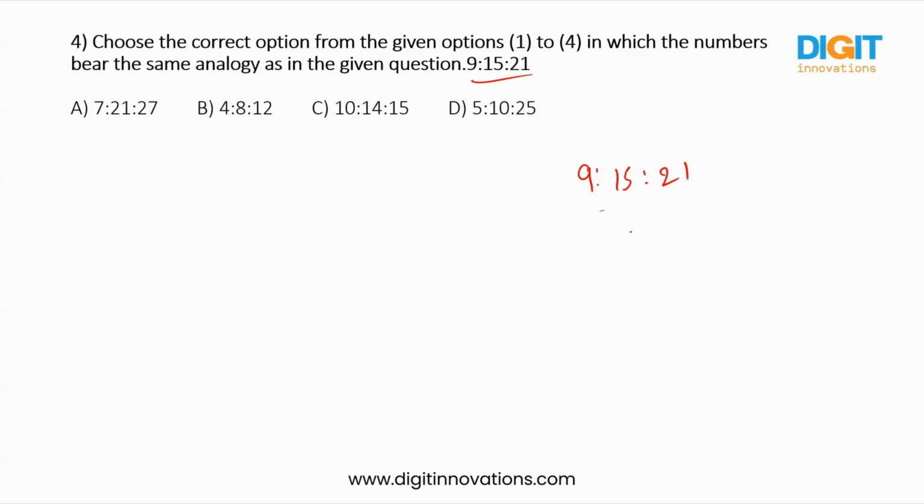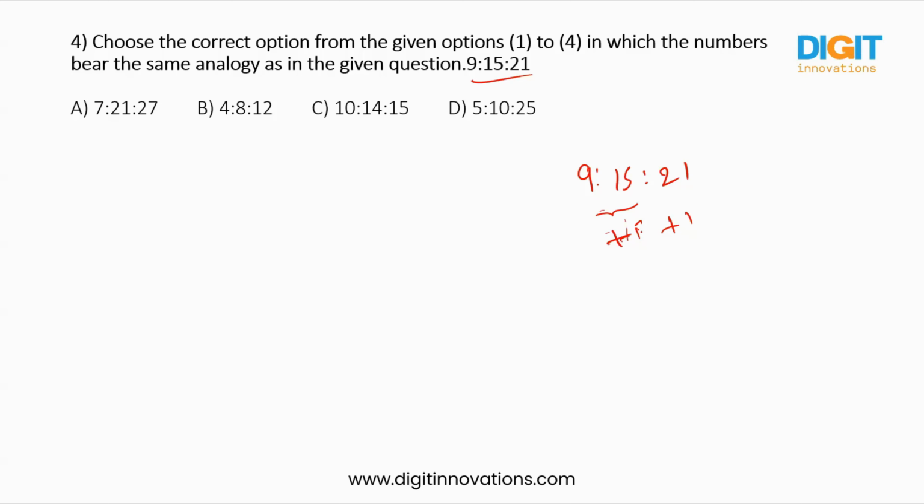If plus 1 is added here, plus 1 should be added there. I'm not saying same values, same pattern should be there. Same analogy means same pattern. Same numbers repeated or same number multiplied, like that. Same pattern.